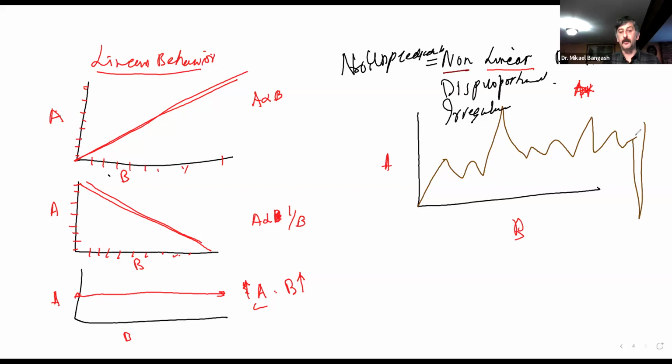You won't be able to say, I kept on increasing, so it's going to keep on increasing, or I kept on decreasing, so it's going to keep on decreasing. That's not what you can say here. In the linear case there was a steady relationship between the changes in factor A and B.